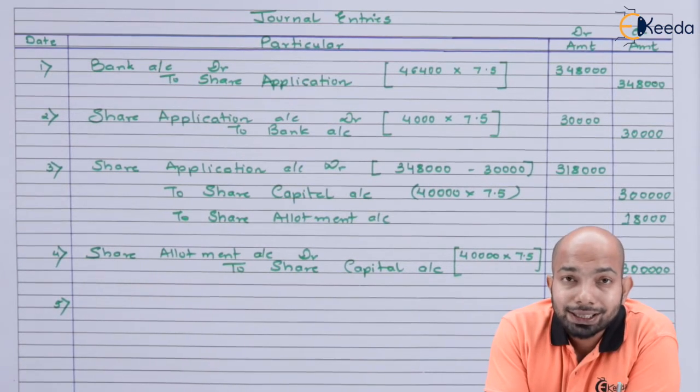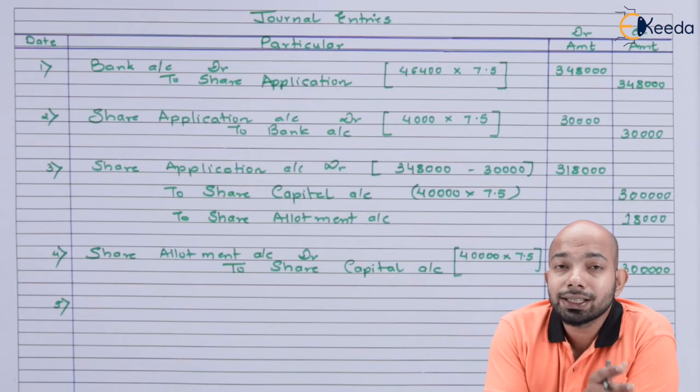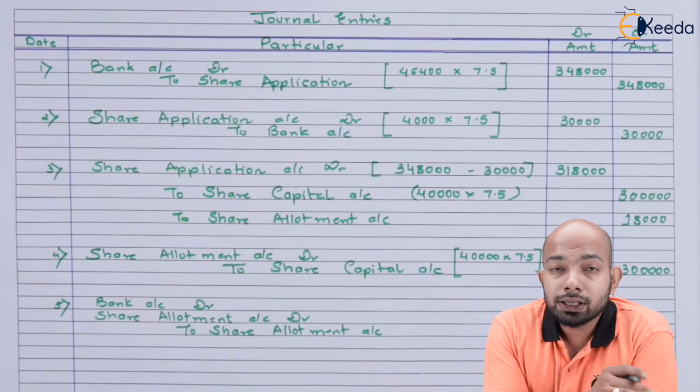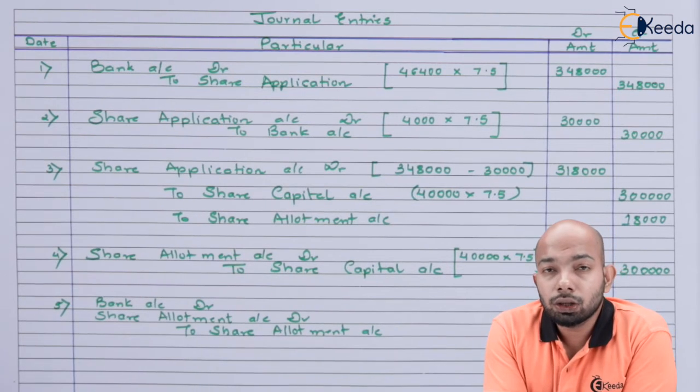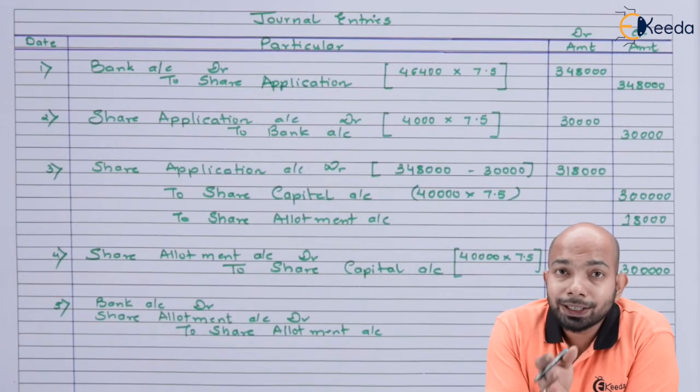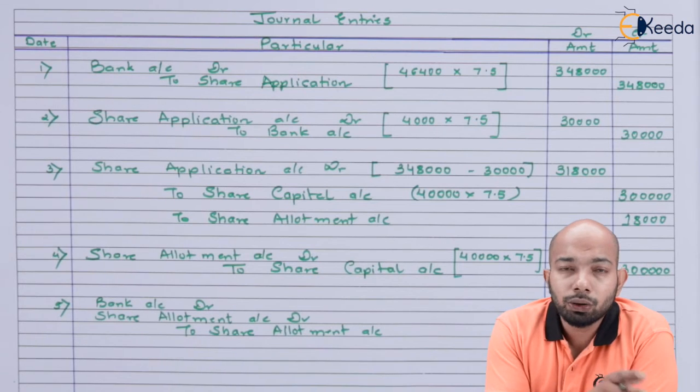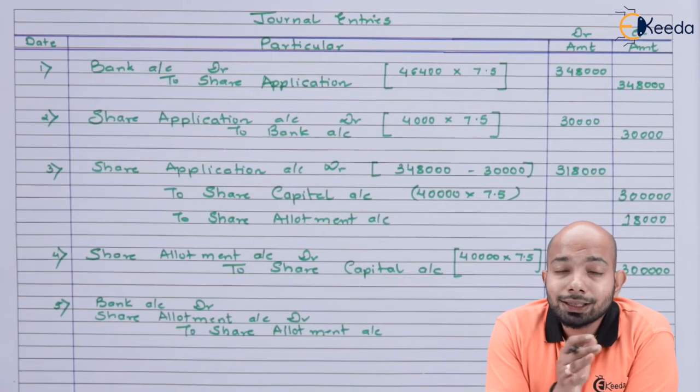So whatever we receive in our bank account will be 3 lakh minus 18,000. So the entry we have passed here is bank account debit, share application account debit to share allotment. The share allotment that has been credited here refers to the 3 lakh amount. The share application that has been debited here refers to the 18,000, and the balance of 2,82,000 is what we have received in our bank account exactly.